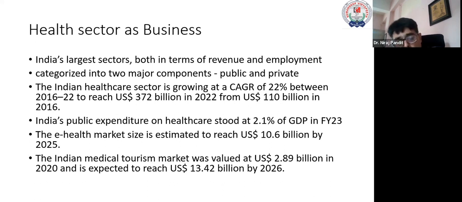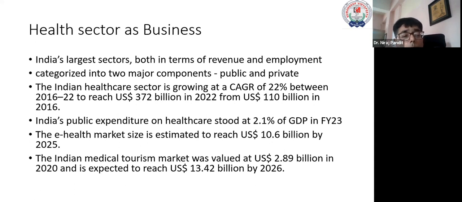India's public expenditure on the health sector stood at 2.1% of GDP in FY 2023. So our spending is also increasing and is expected to reach 3% by 2025. The e-health market is very important. The electronic health market size is estimated to reach US$10.6 billion by 2025.